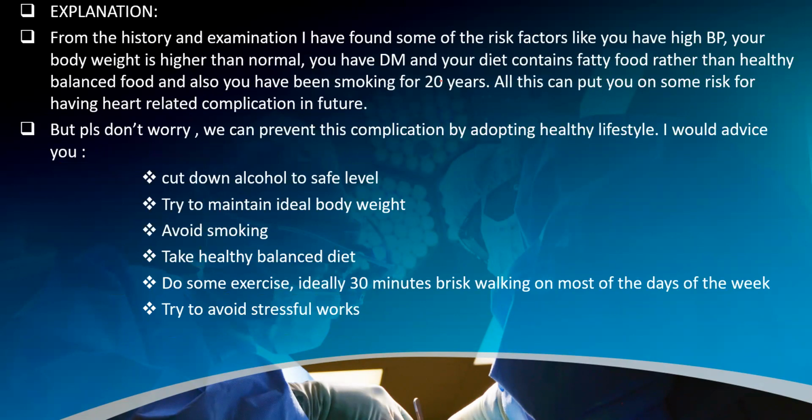Now, most of the time, they will not provide you this risk assessment chart in this case. Whatever it is, you have already got some risk factors from the patient. So explain that. Say that from the history and physical exam, I have found some risk factors: you have high blood pressure, your body weight is higher than normal, you have diabetes, and your diet contains fatty food rather than healthy balanced food.